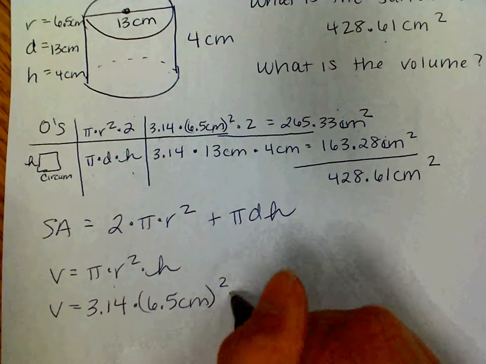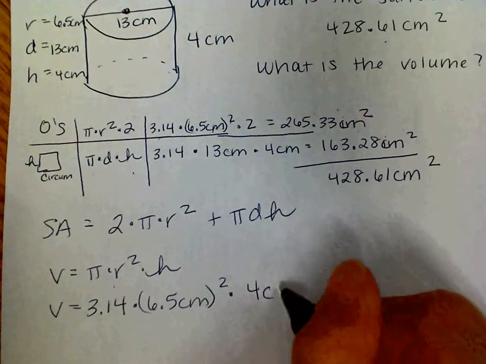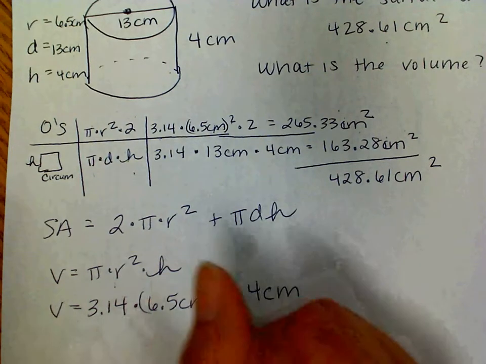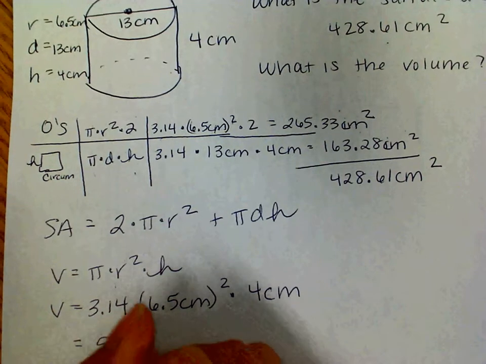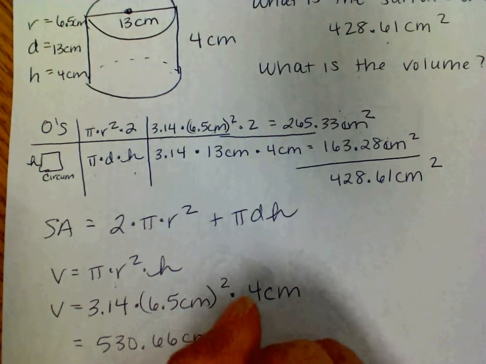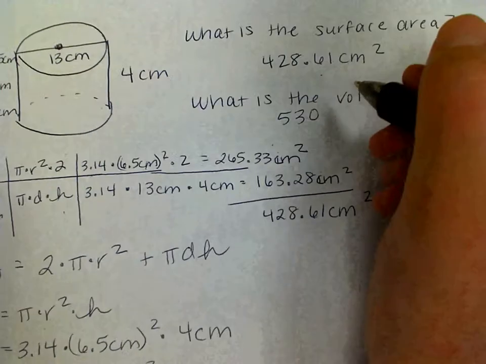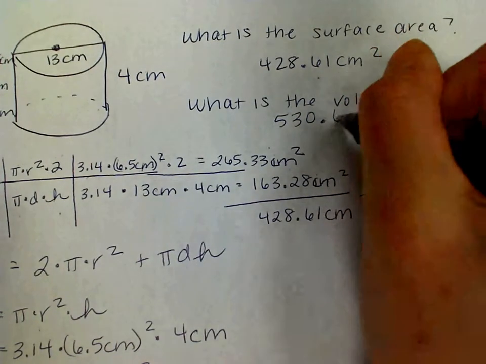We're going to multiply that times 4 centimeters, which is our height. When you do 3.14 times 6.5 squared times 4, you get 530.66 centimeters cubed. Remember, it's centimeters cubed because you're multiplying by 3 different values.